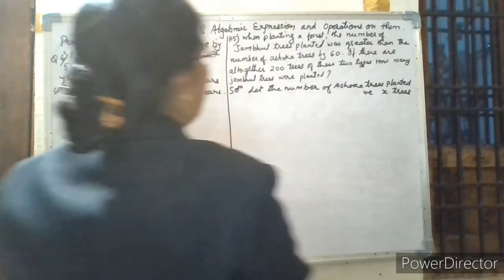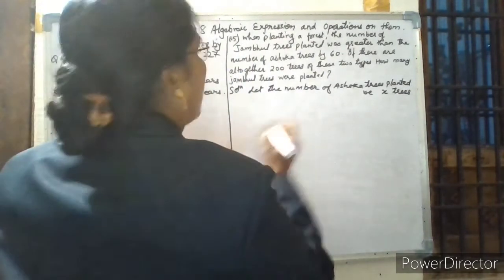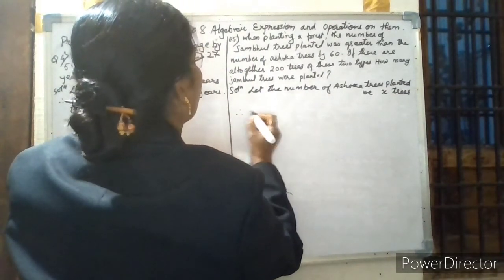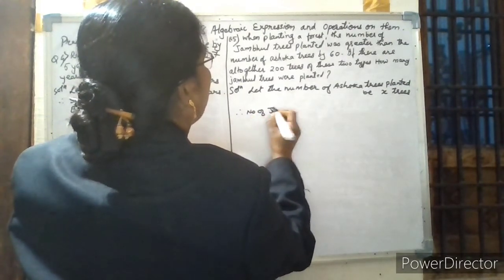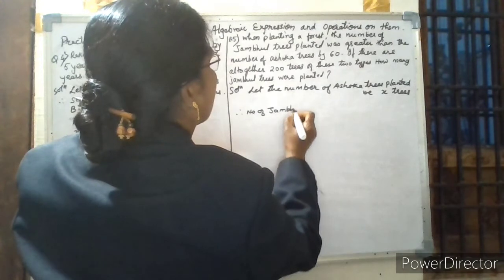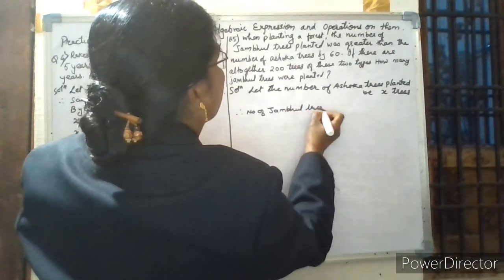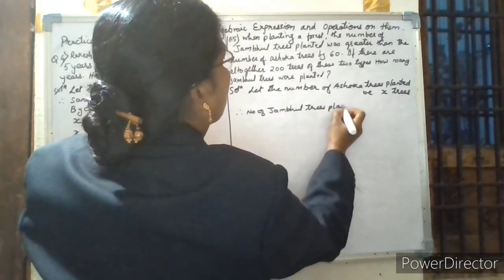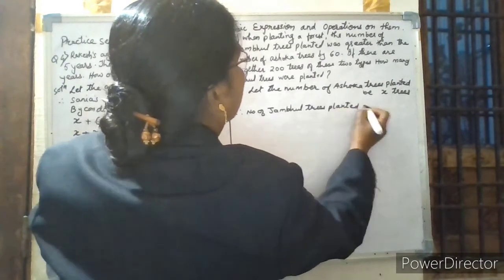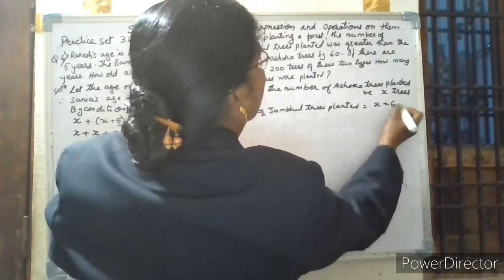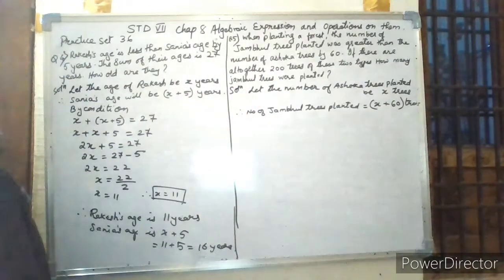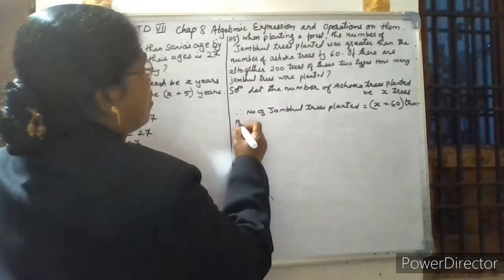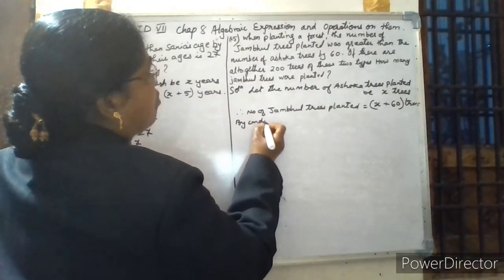And therefore the number of Jambul trees planted is equal to X plus 60, 60 trees more. X plus 60 trees. Again same thing, by condition we will form the equation.